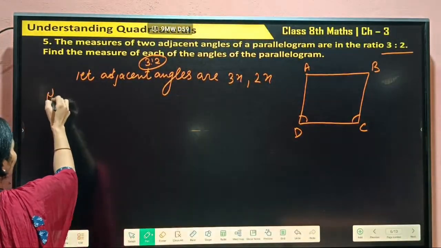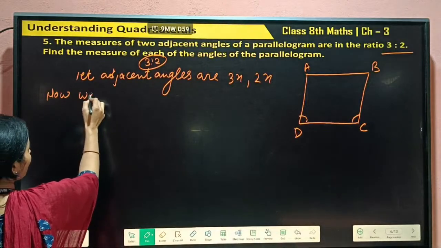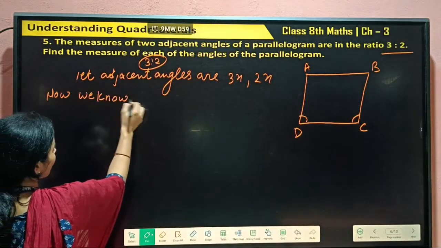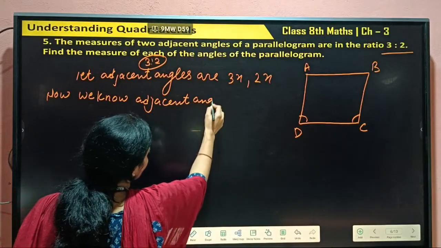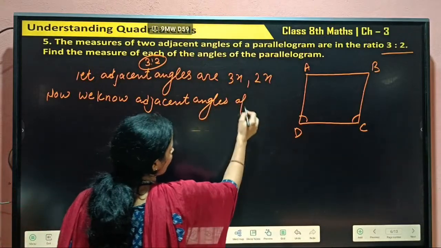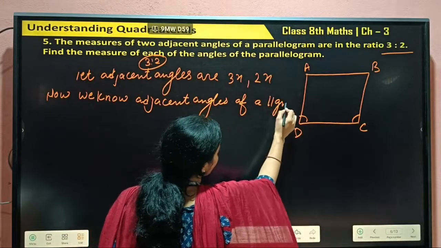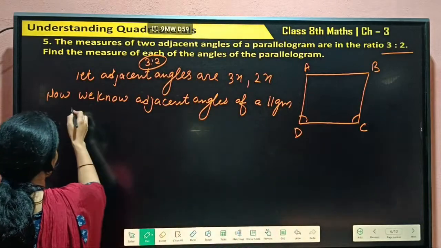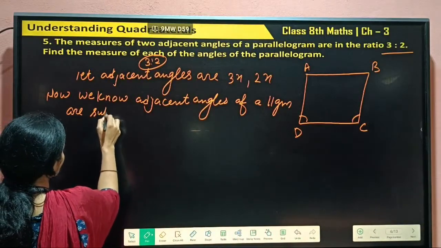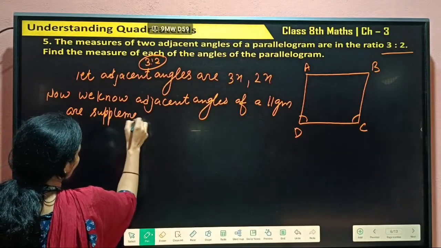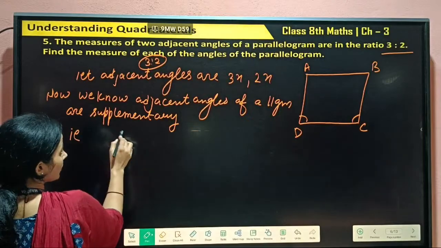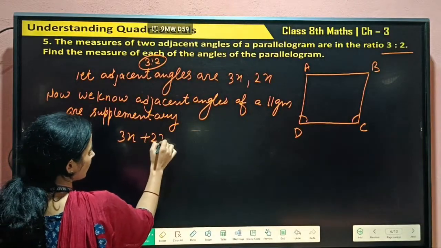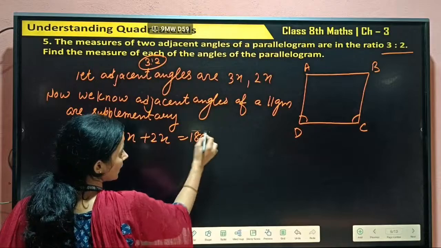Now we know adjacent angles of a parallelogram are supplementary. That is, 3x plus 2x is equal to 180 degrees.